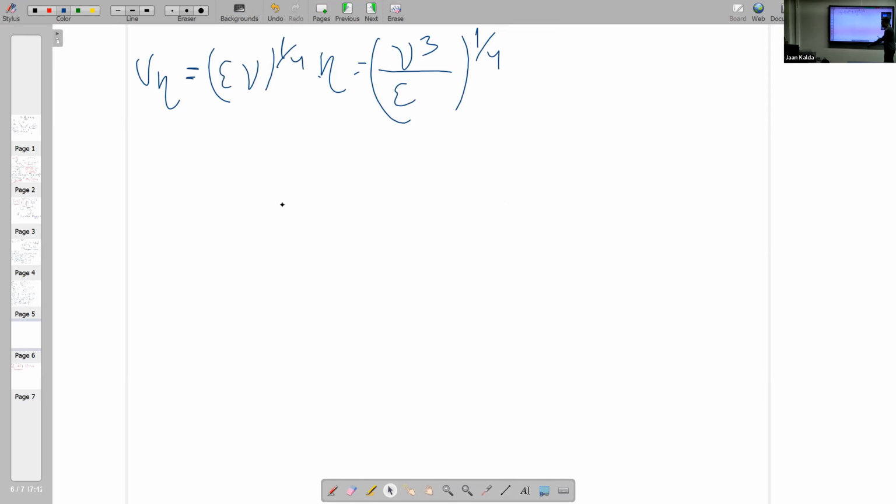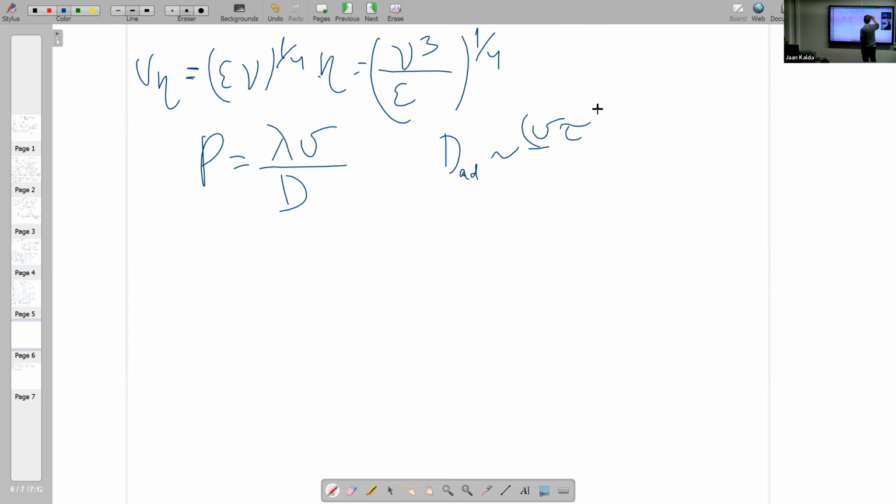And now the Peclet number. The Peclet number was the characteristic scale lambda multiplied by the characteristic speed divided by molecular diffusion. Because, well, for advective diffusion I can say that it would be estimated as jump length squared divided by characteristic time, where the jump length is v multiplied by tau.